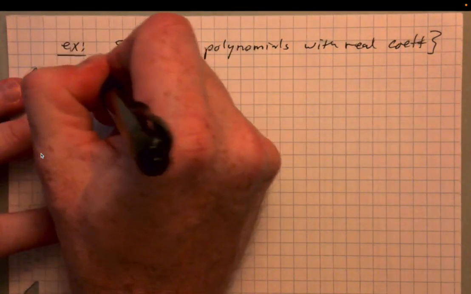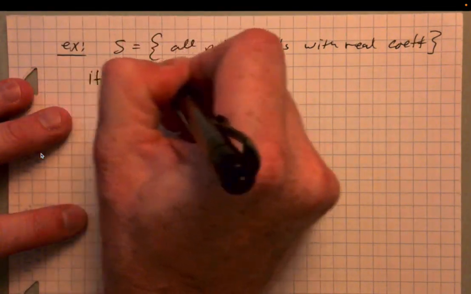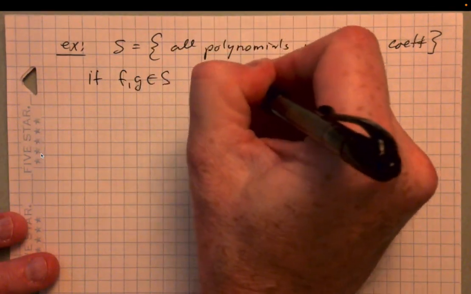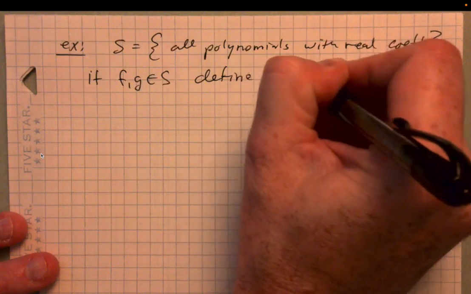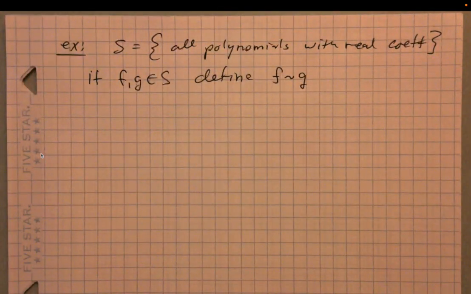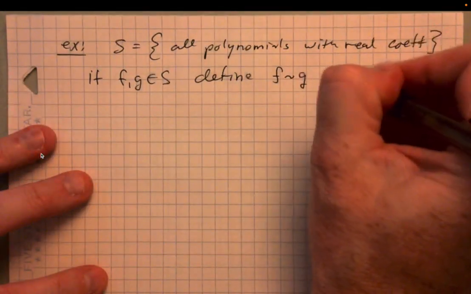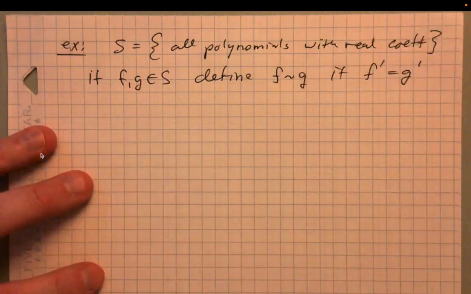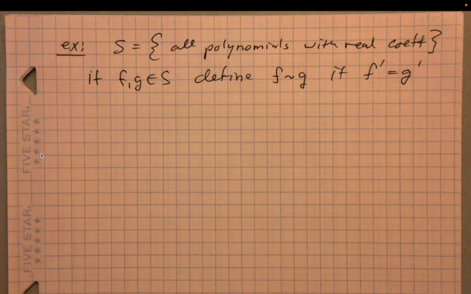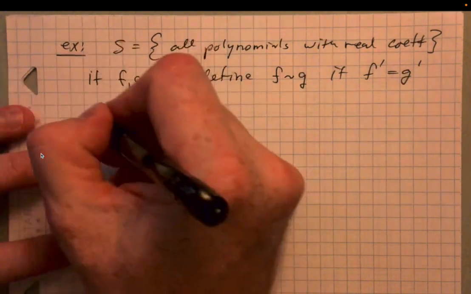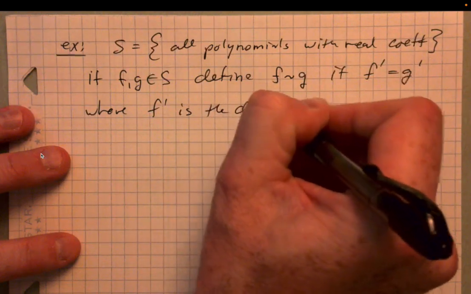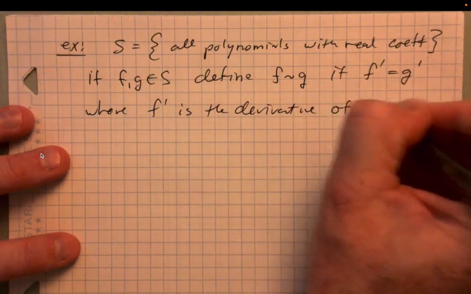So if F and G are polynomials in S, let's define F is equivalent to G if F prime, the derivative of F, equals G prime. Well, here we're talking about the derivative, right? Where F prime is the derivative of F. Okay.